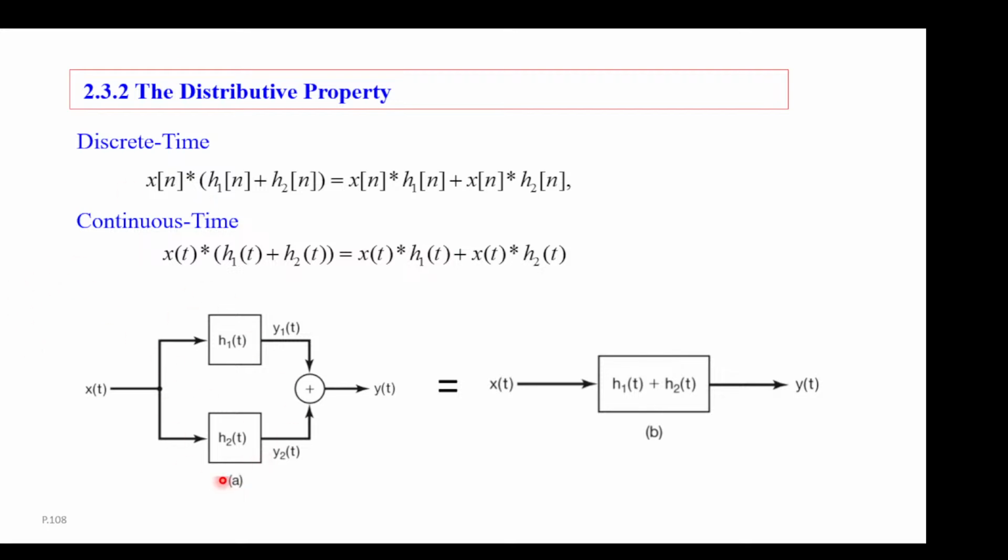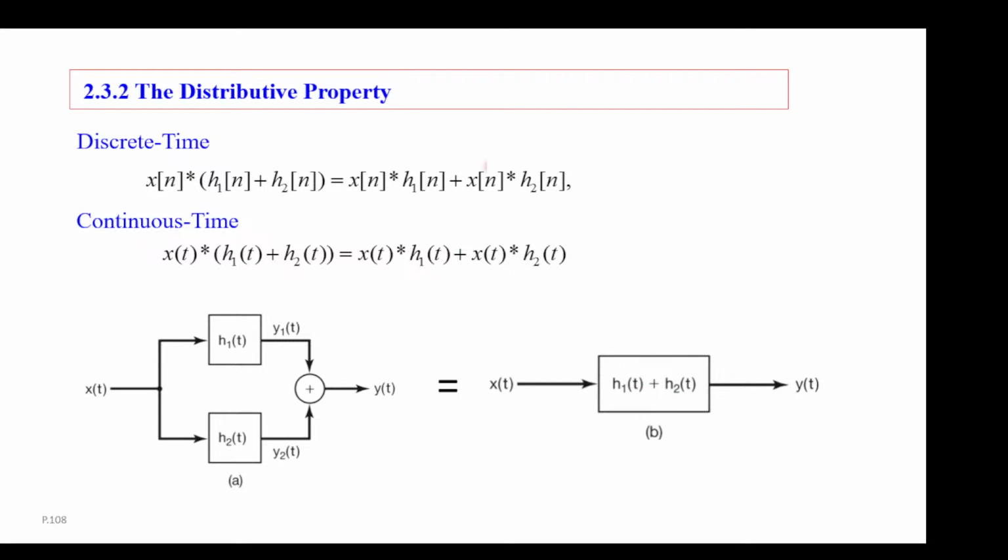We see that when we have a parallel interconnection of two LTI systems described by h1 and h2, this is actually the same as having your x of t go to one LTI system with the impulse response being h1 plus h2 here. So you find out that we can do this kind of simplification of our interconnected system.